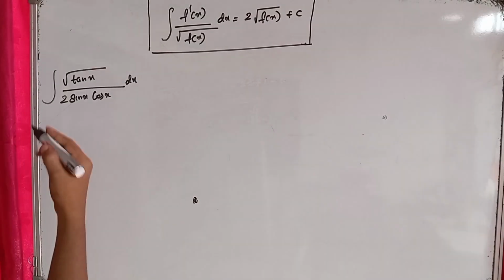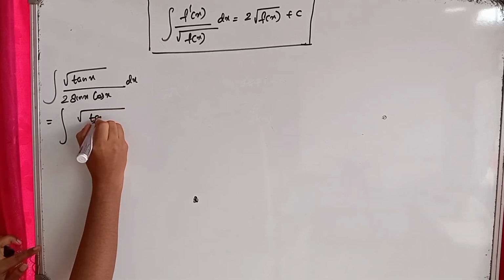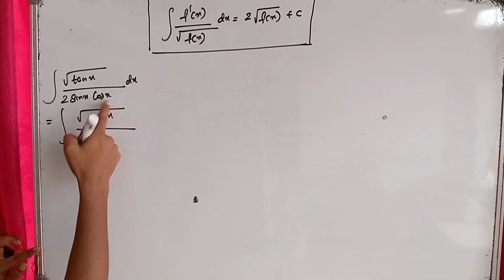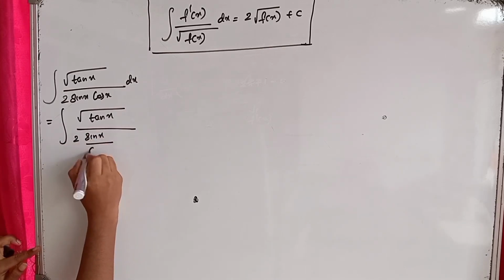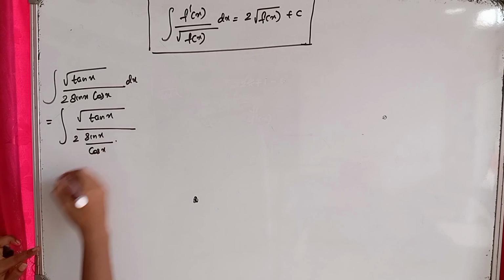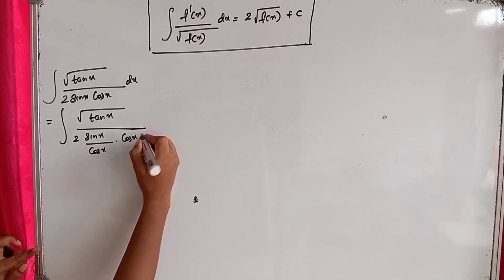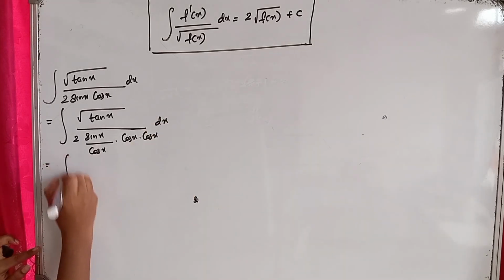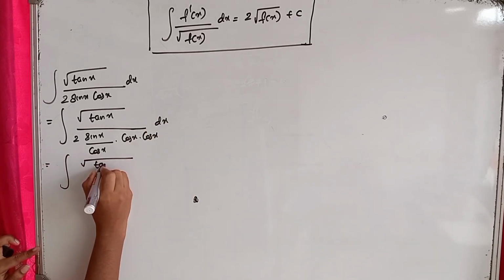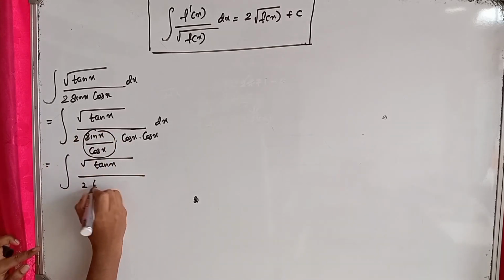The next question, integrate root tan x by 2 sin x cos x dx. Here we arrange the function: on the denominator, we divide and multiply by the trigonometric term cos x. That is, the denominator becomes 2 into sin x by cos x into cos x into cos x.